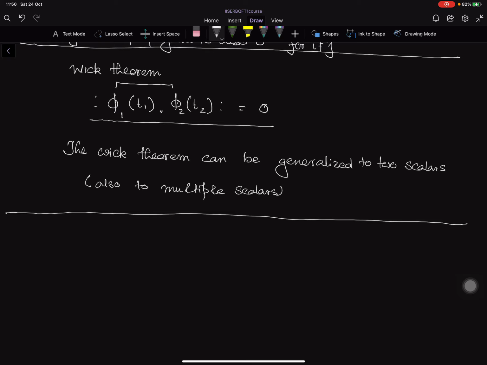Now if Wick's theorem generalizes in this way, then you can see that the Feynman rules also modify suitably.